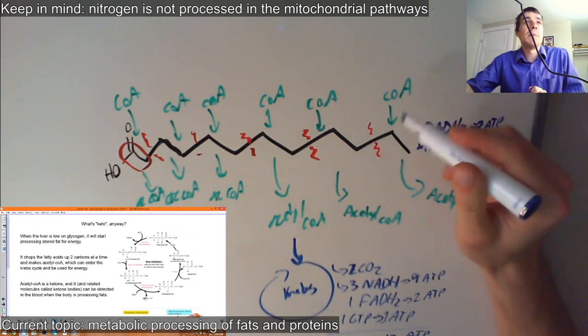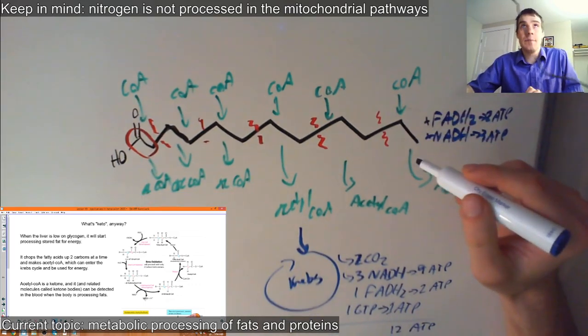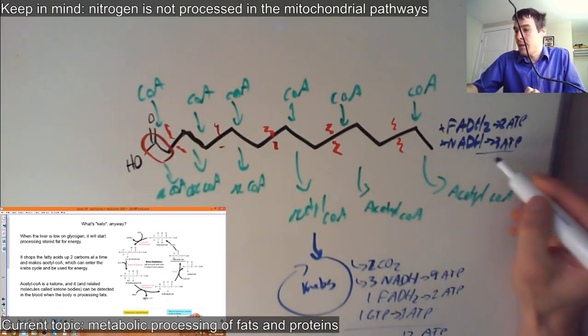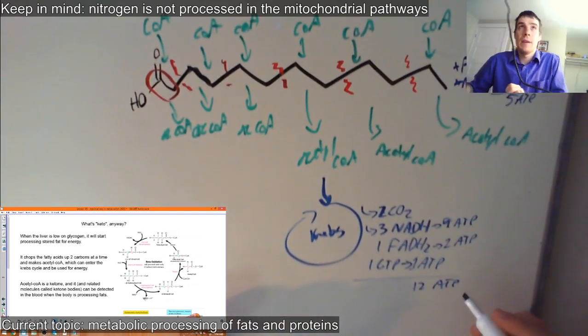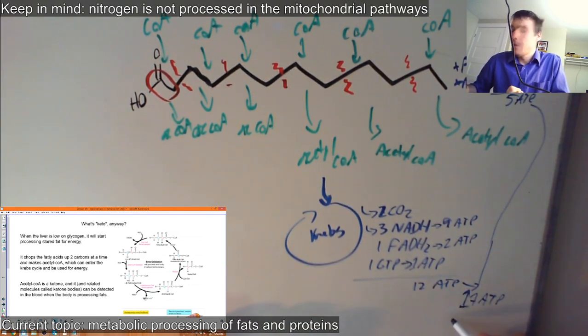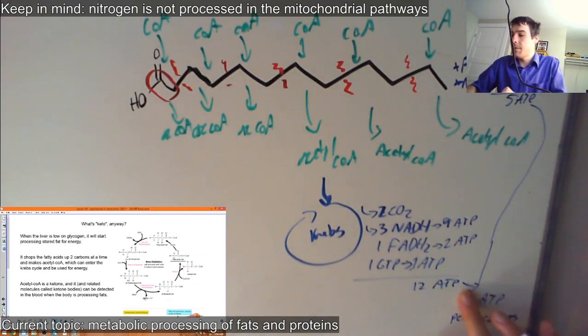So every 2 carbons in the fats that we're processing are going to be worth 5 ATP. So at a maximum, 5 plus 12 is 17 ATP for every 2 carbons, which is huge, right?